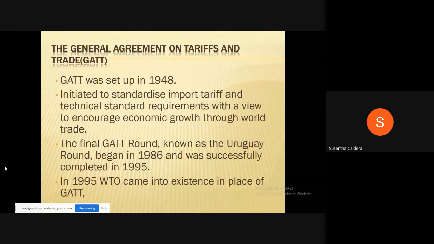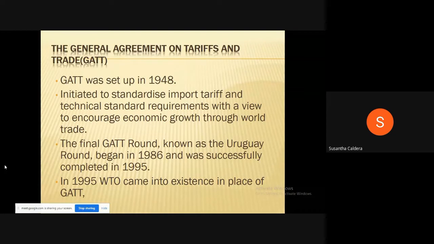If you want to increase our balance of trade: exports. Do more exports and decrease the imports. Increase the exports and decrease the imports. That's a simple formula, right?